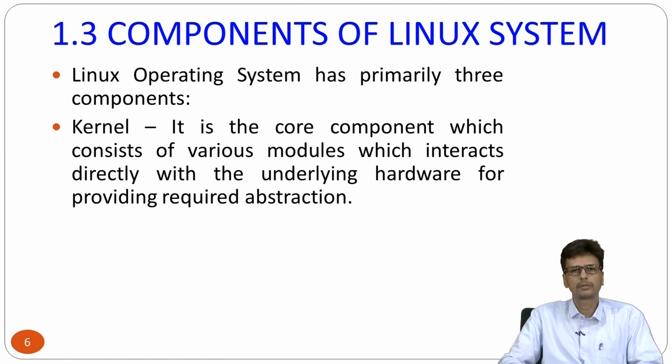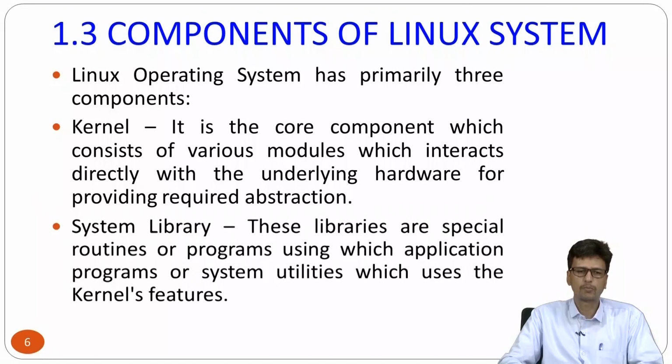Whatever commands you are going to execute, the responsible thing is the kernel. The kernel is responsible for executing any command in the Linux or Unix operating system. Whenever you give a command to execute, or the user interacts with the shell or some interaction platform, that command is executed by the kernel. So the kernel is nothing but the core of the operating system. That is the first component.